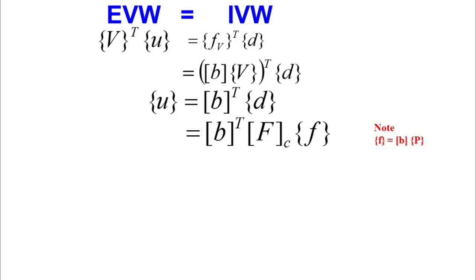Now d can be further expanded in terms of the collective flexibility matrix and the vector of the internal forces. So we get a relationship like this between the external displacement vector u and the internal forces F. Now we must note that the internal forces are further related to the external forces P by the force transformation matrix B. So let's do this substitution also.